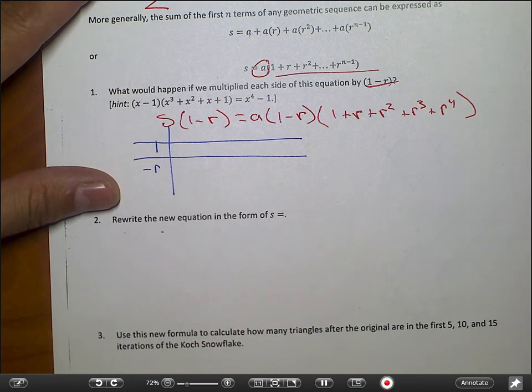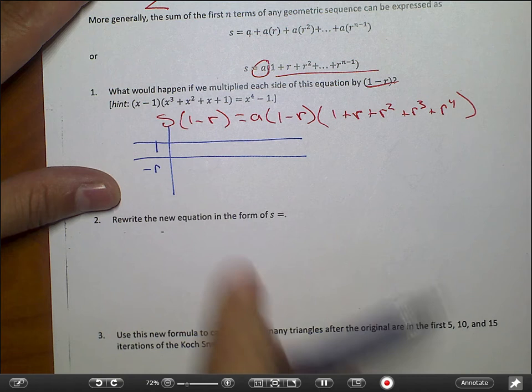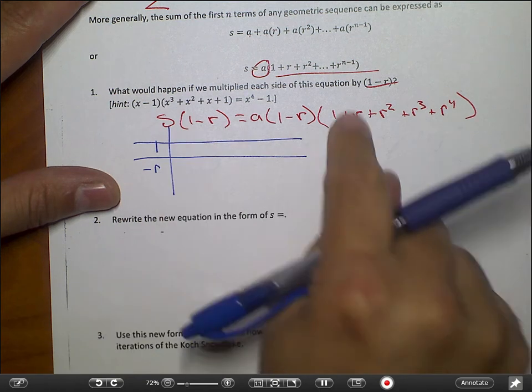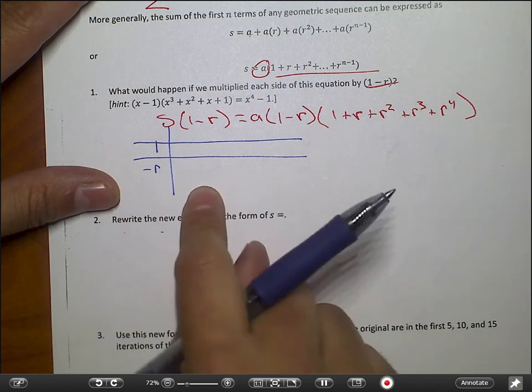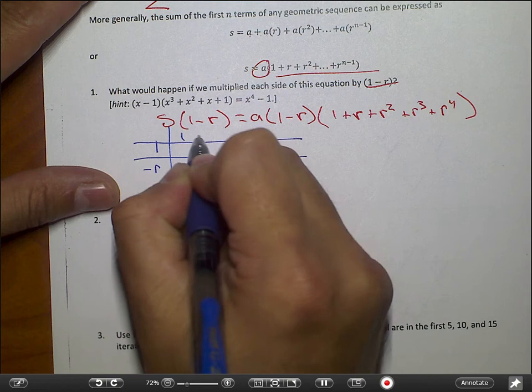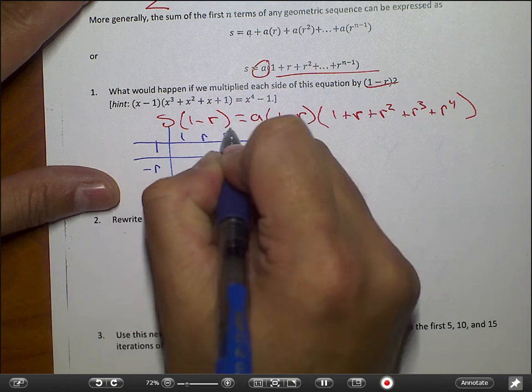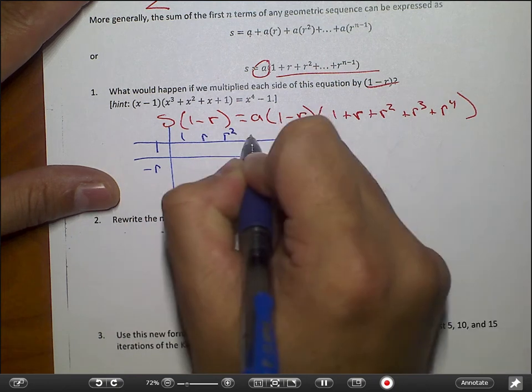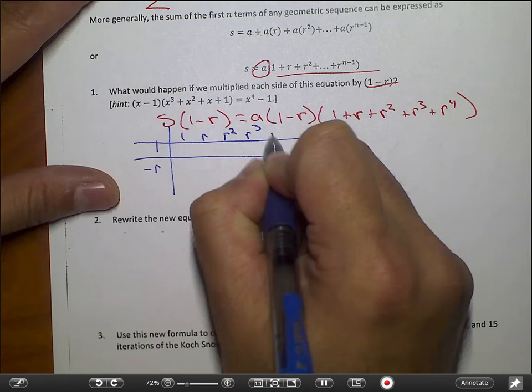So box method. Since this is multiplication, all these terms go on top: 1, r, r squared, r cubed, and r to the 4th.